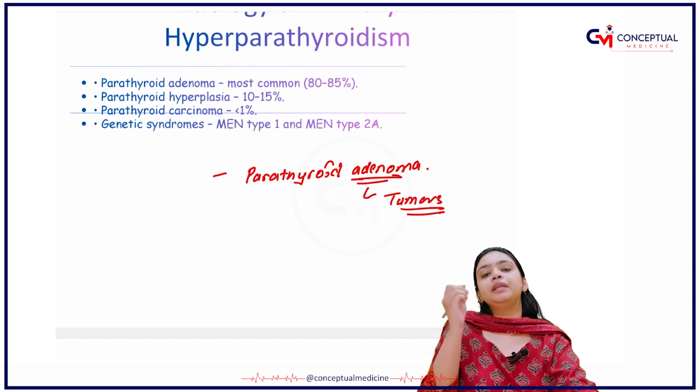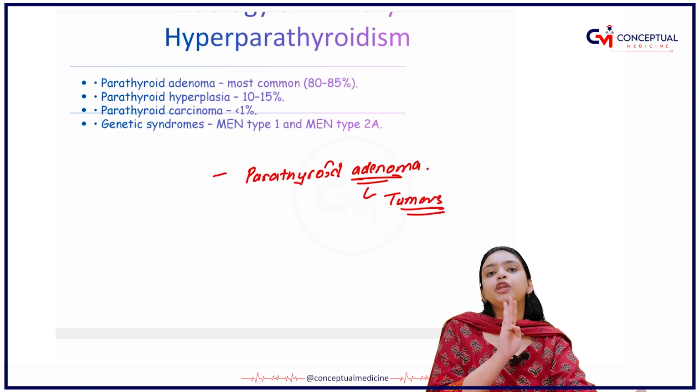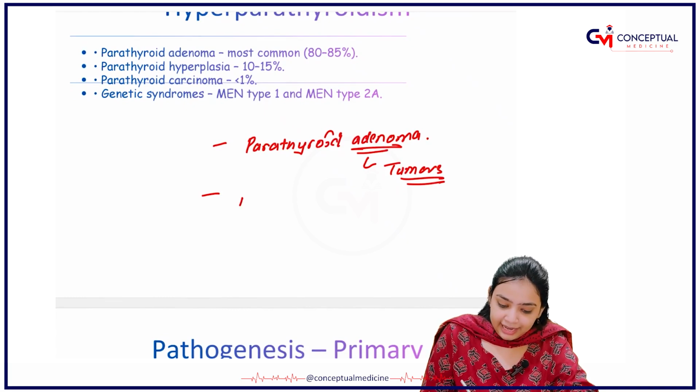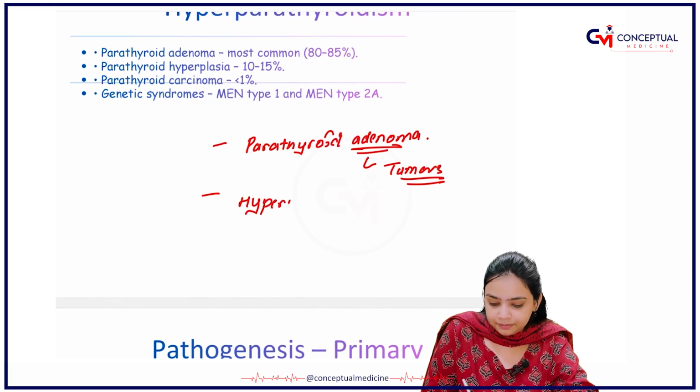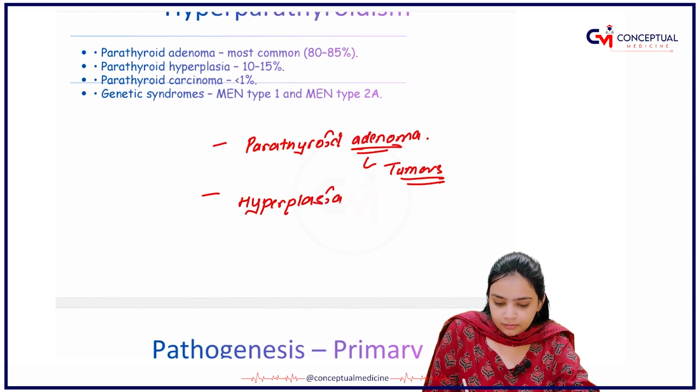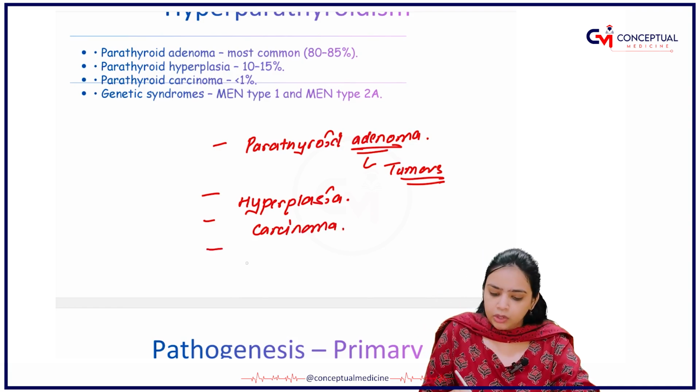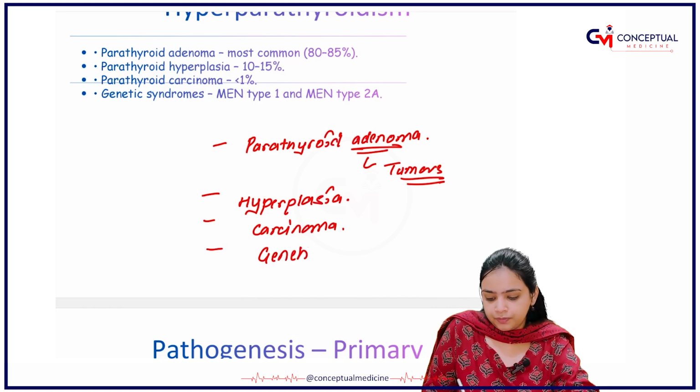And they are the most common, accounting for almost 80 to 85% of the cases. Next is parathyroid hyperplasia, then carcinoma, and then genetic syndromes.